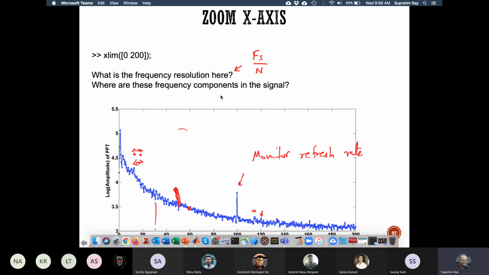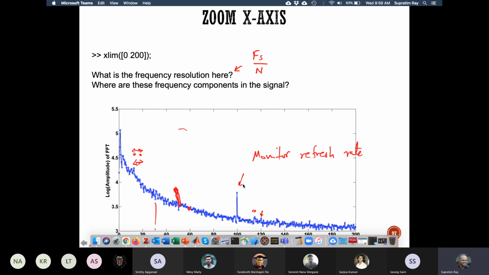Okay, is the question clear? I am computing the Fourier transform at certain frequencies. The first frequency at which I've computed my FFT is 0. What's the next one? They are equally spaced. So the closer they are in frequency, the better is my understanding of the signal in the frequency domain.